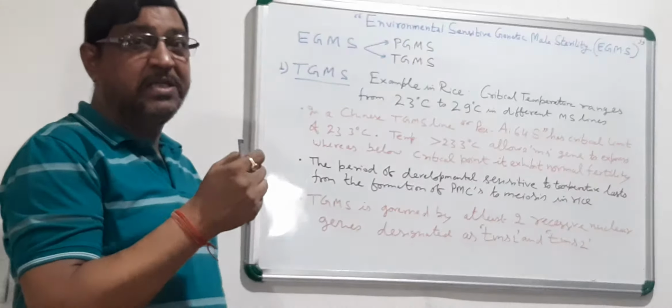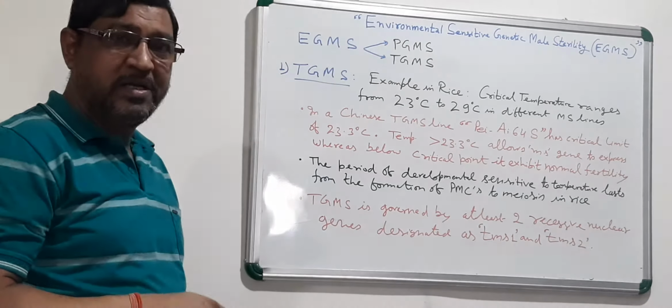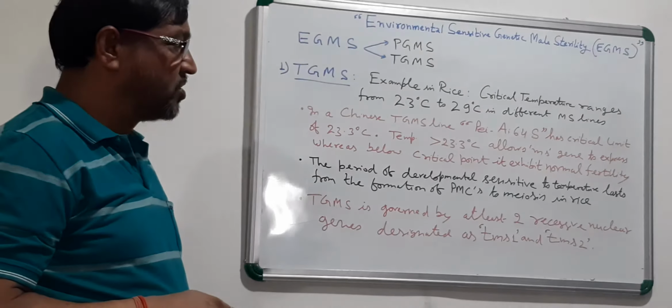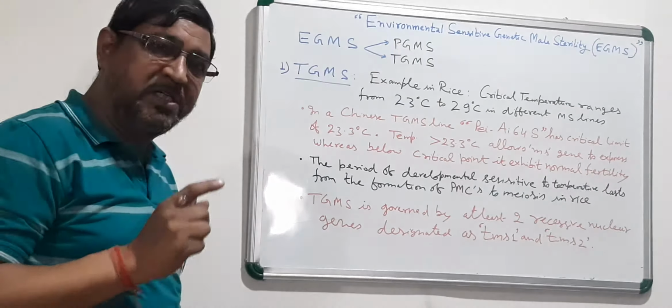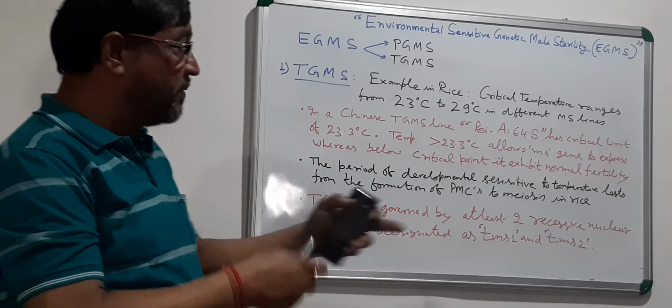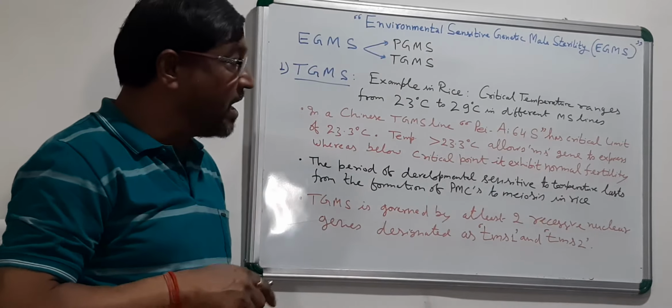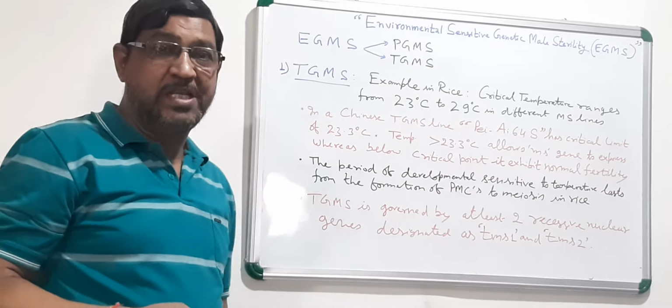When that gene, TGMS gene, has been introgressed into PAI64, it has become 64S. So it has a critical limit of 23.3 degrees Celsius. Once the temperature goes beyond 23.3 degrees Celsius, this allows the MS gene, male sterile gene, to express.